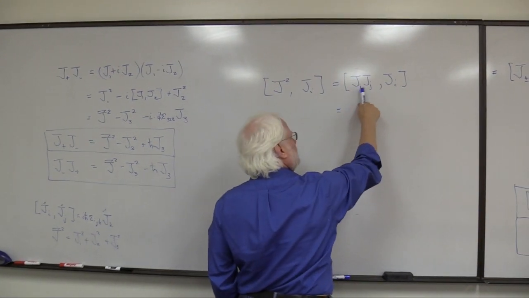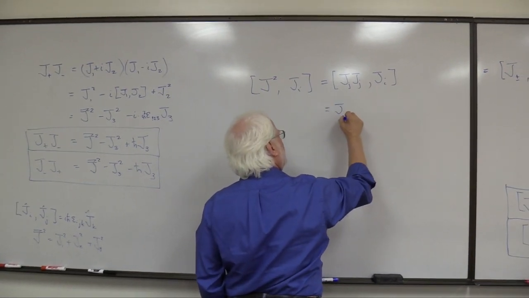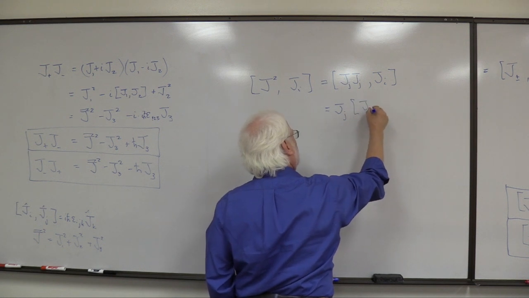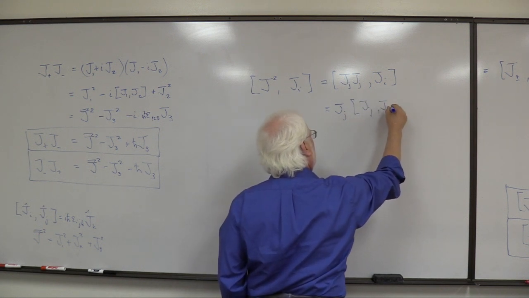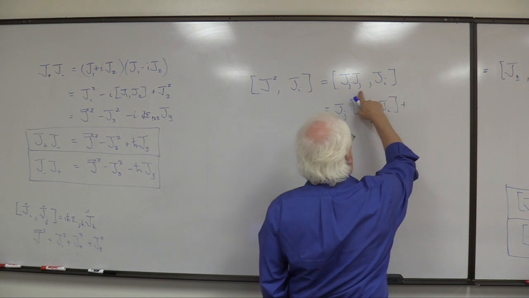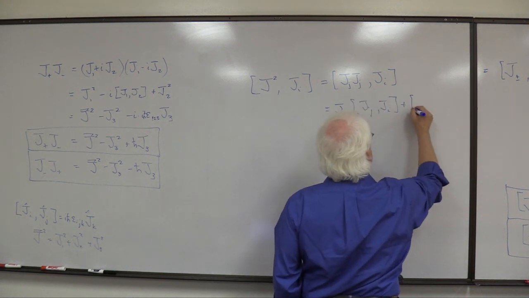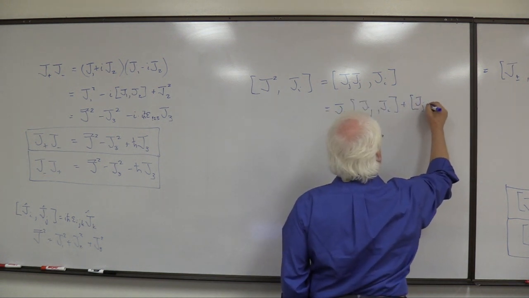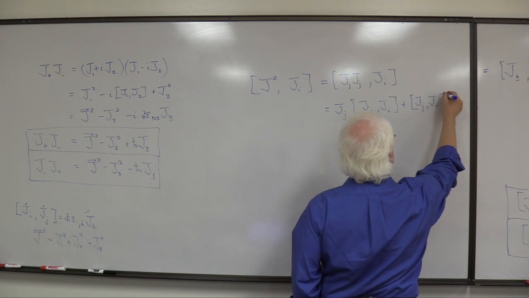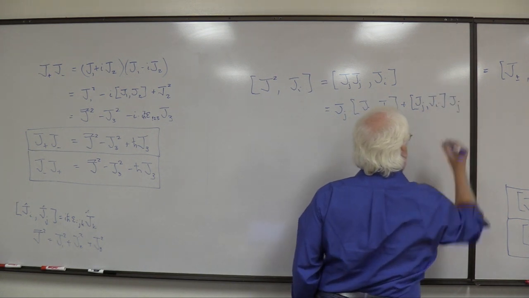And when I have a product of two operators, I can pull the left one out this way and look at the commutator like that. And then I can pull the right one out the other way and write J J. Now these happen to be the same, right? But still, I can use the trick.